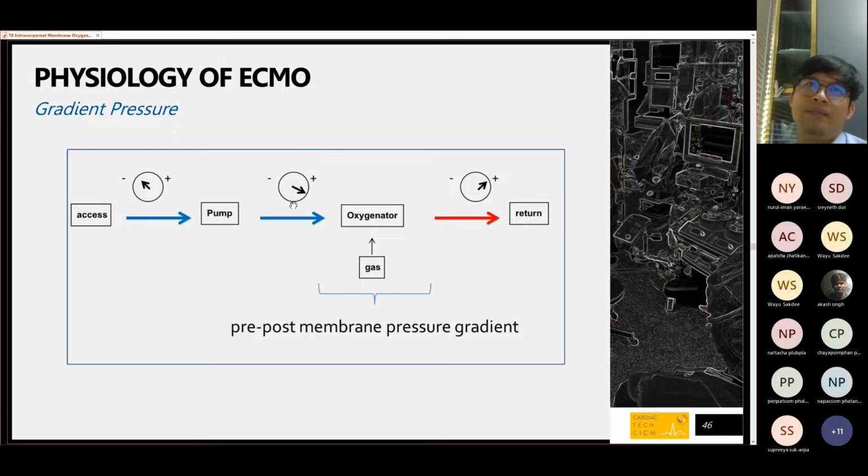So the pressure is going to be higher than this, and even if it drives the blood out, it cannot pass. So the post membrane pressure is going to drop a little bit. So this one tends to be high, and this one tends to drop. So the gradient is going to change.